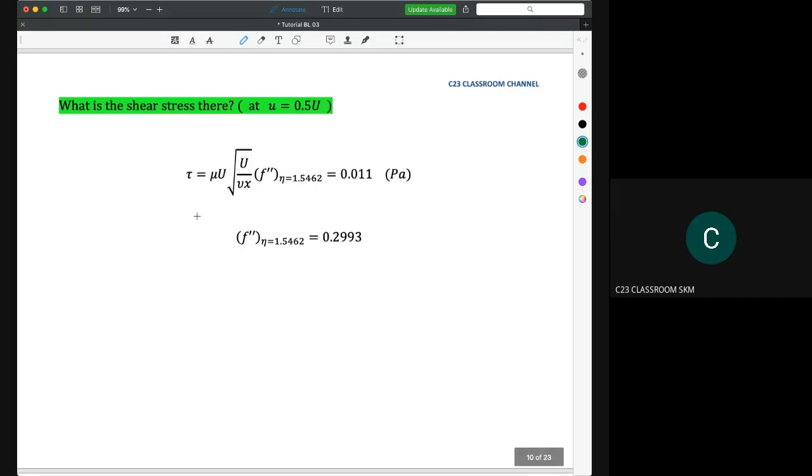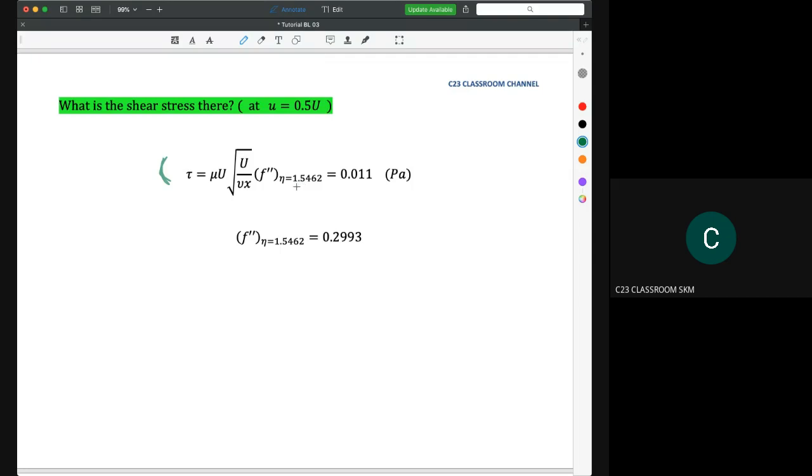And then we go to the question about what is the shear stress at U equals 0.5 U. So this is the equation. If you look back into the Blasius notes in our lecture, we discussed this. We use eta equal to 0.